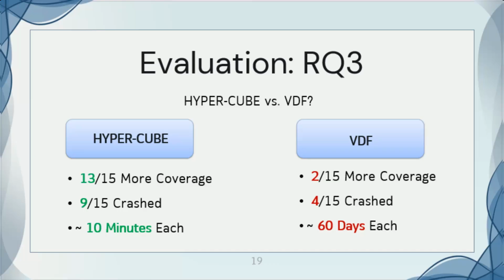It also crashed in 9 of those, while VDF only crashed in 4 of them. And for each run of these experiments, Hypercube only took about 10 minutes until it found a crash, while VDF took about 60 days to fuzz this and get to the same conclusion.